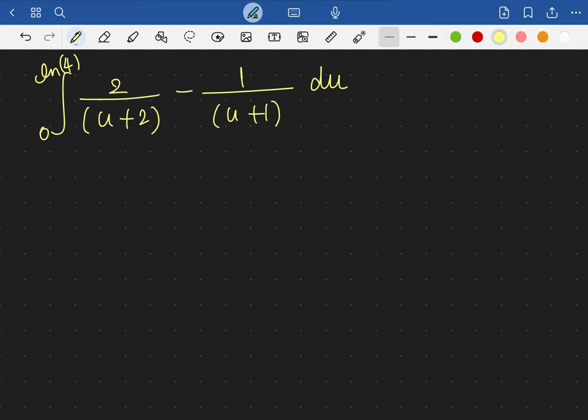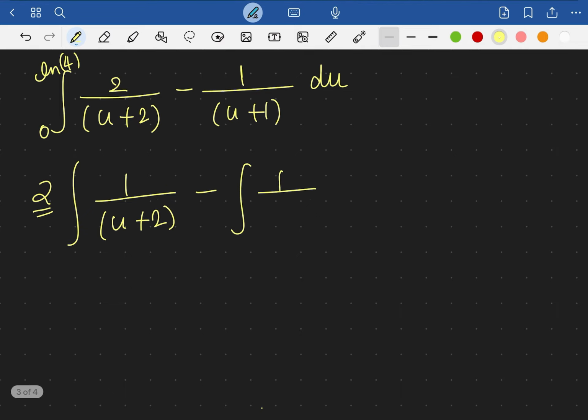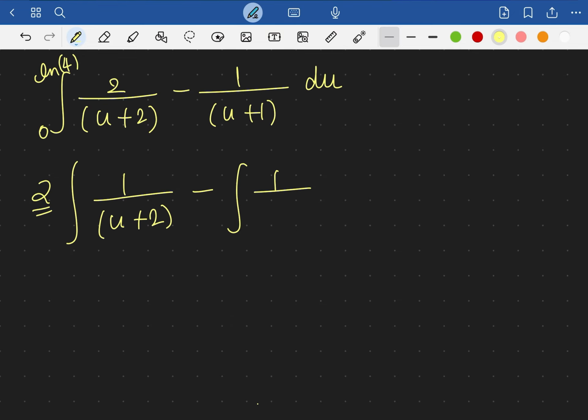Now I can integrate this separately. Let me simplify this for you. I'll take this 2 outside because it's a constant. So 2 times the integration of 1 over u plus 2 du, minus the integration of 1 over u plus 1 du.